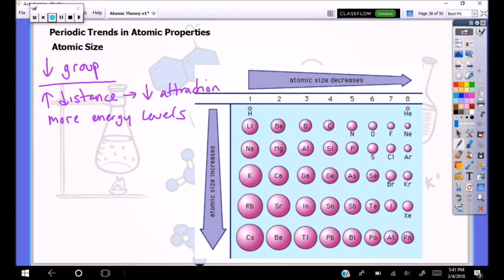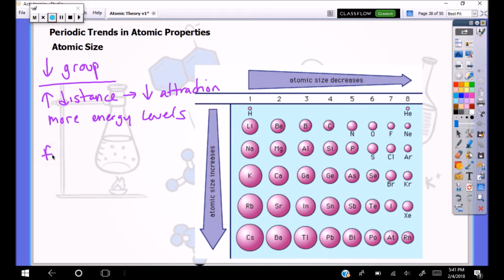Here you can also use shielding as an argument for the attraction for those outer electrons, but shielding is actually more going to come in with ionization energy when we look at that one. It doesn't explain distance as well, and size.